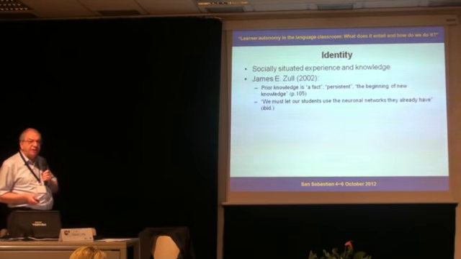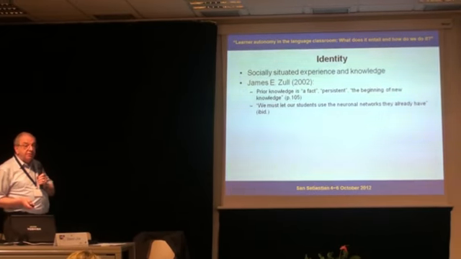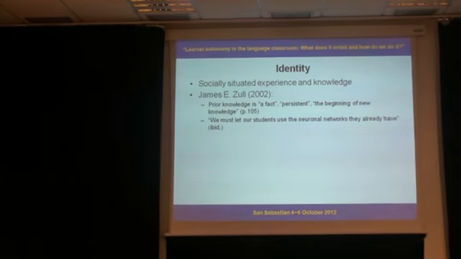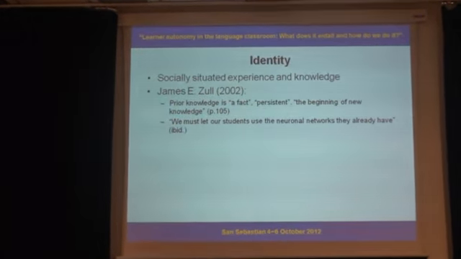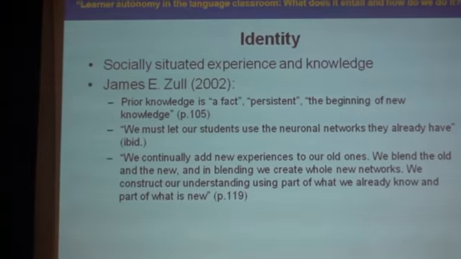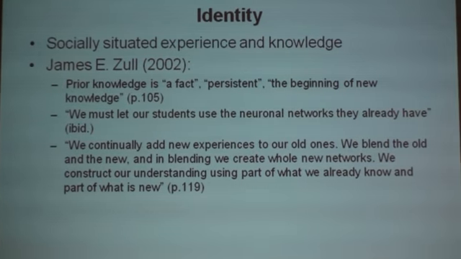He says we must let our students use the neuronal networks they already have, which is a biological way of making the point that Douglas Barnes made in his book back in 1976. We continually add new experiences to our old ones, as Zull says.